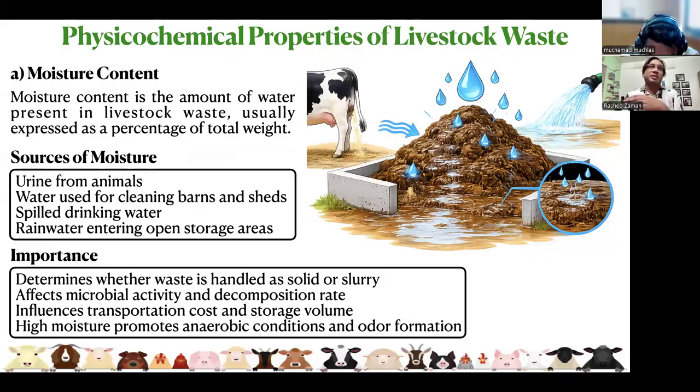Increasing moisture lowers the oxygen level inside the stock, which ultimately causes anaerobic conditions and forms some bad smelling gases like ammonia, hydrogen sulfide, etc.